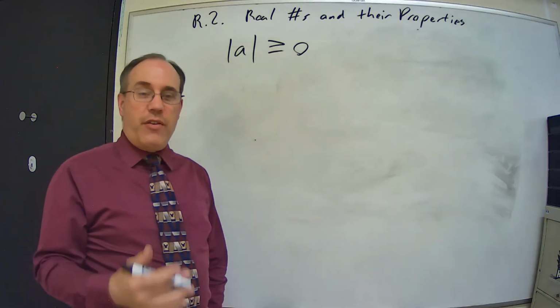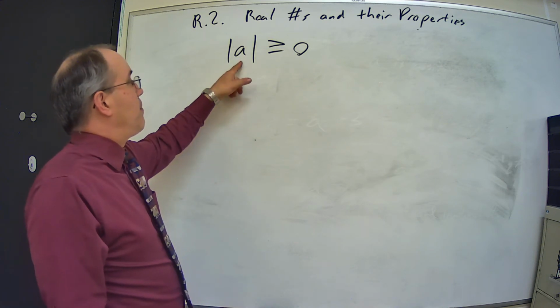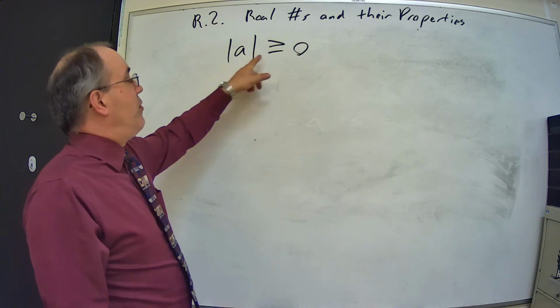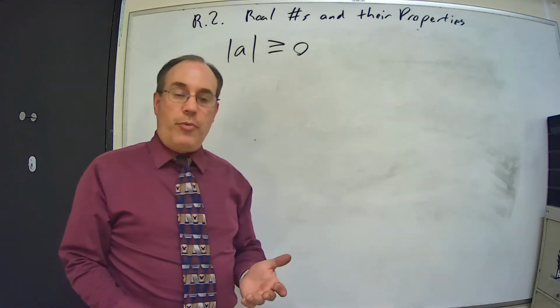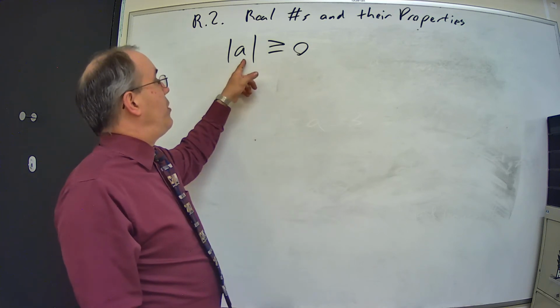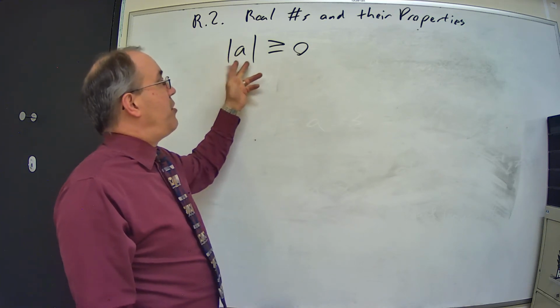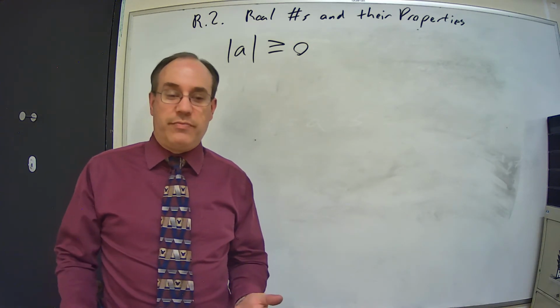The absolute value of A is greater than or equal to 0. Well, what could be A? Well, if I say it's greater than or equal to 0, isn't that all real numbers? Any real number, when I take the absolute value of it, is going to give me either 0 or a positive value.